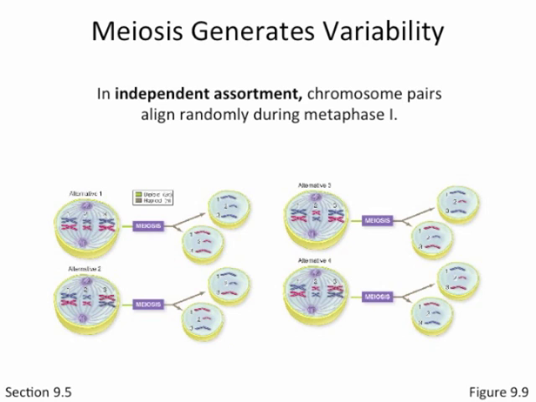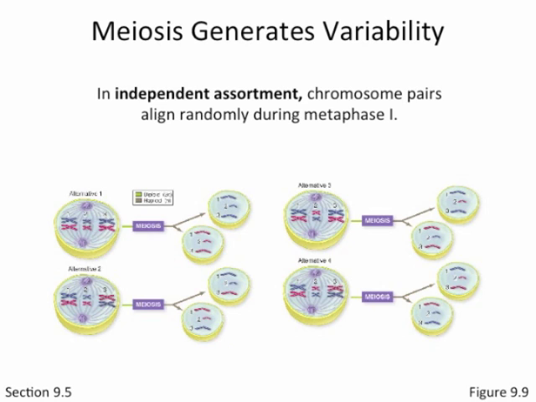So now when they go through meiosis, alternative 1 produced half of the cells, half of the sperm or half of the eggs had all blue, and half of the eggs had all red. If metaphase 1 had occurred like alternative 2, you'd be producing cells that had blue 1 and 2 and red 3, or red 1 and 2 and blue 3.